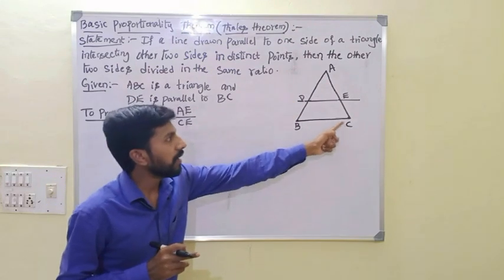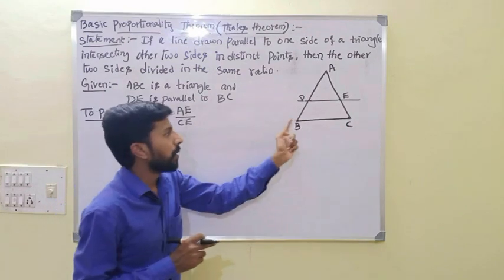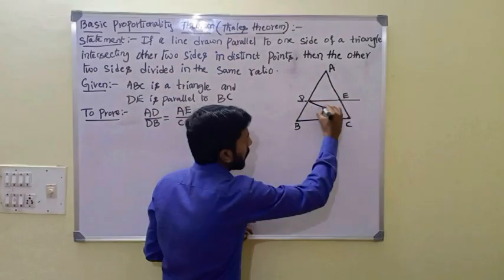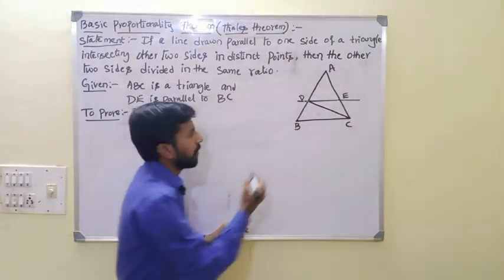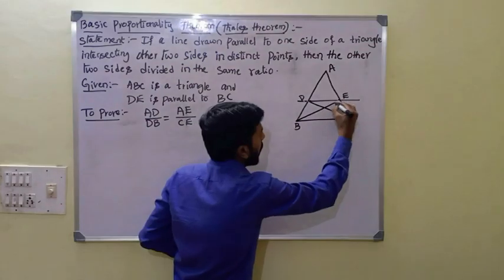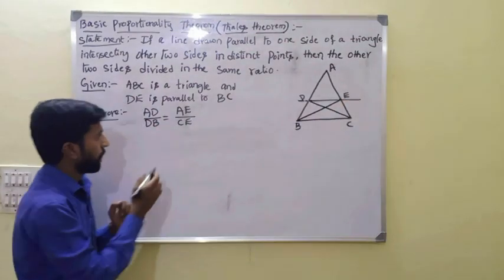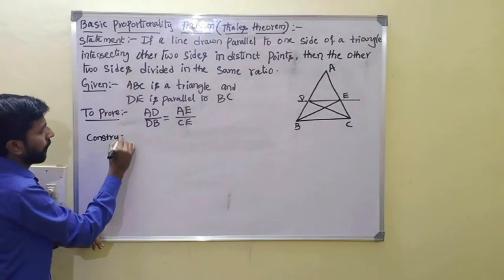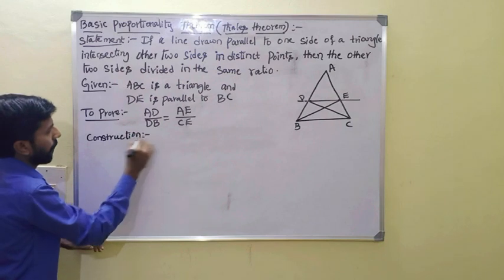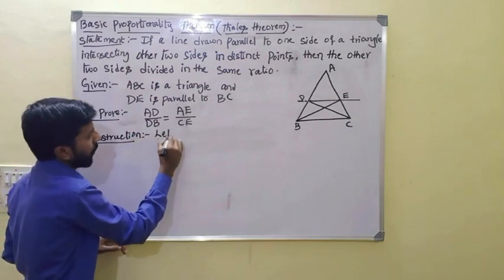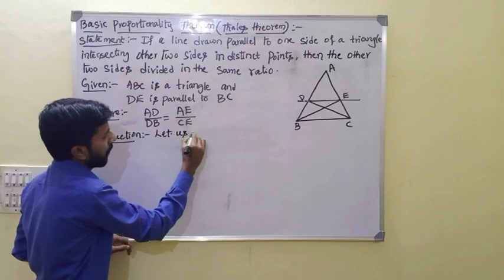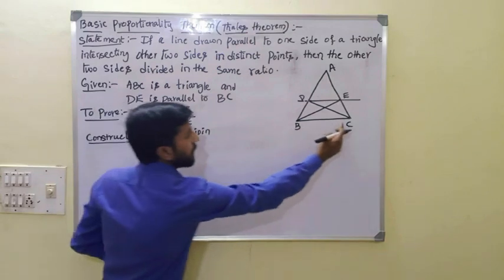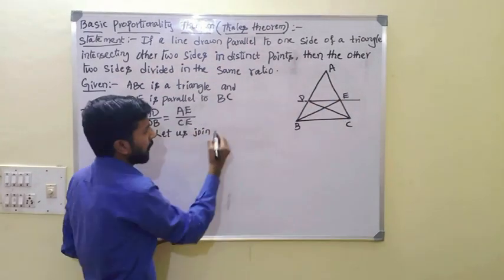I'll join C and D and B and E. Construction: let us join CD and BE.